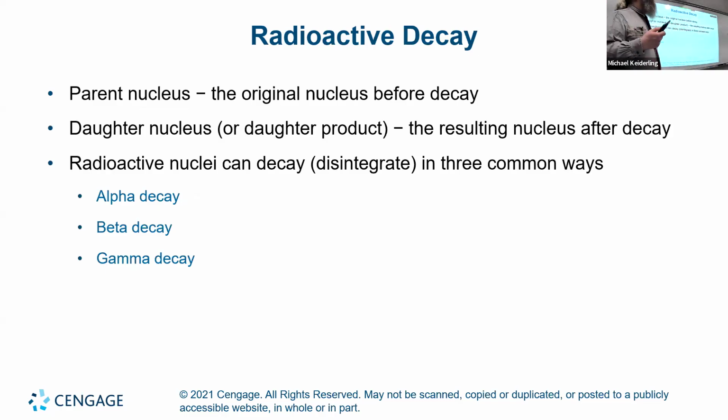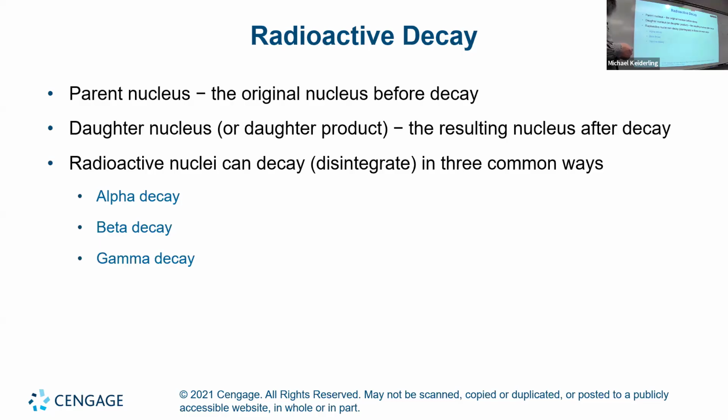I think uranium-238, if I remember correctly, squirts off an alpha particle. I could be wrong. There's three common ways: alpha decay, beta decay, and gamma decay. Alpha decay decreases the number of protons.